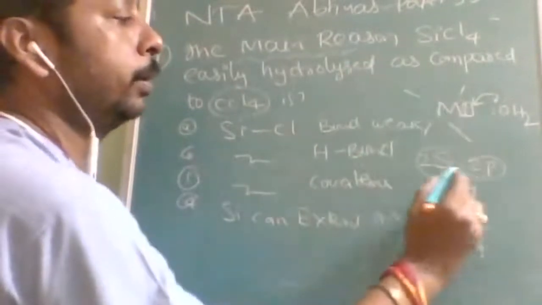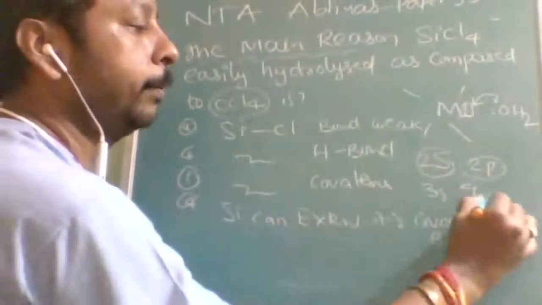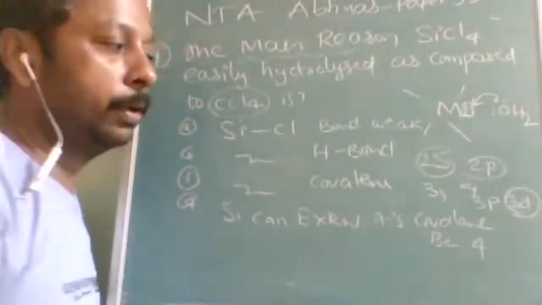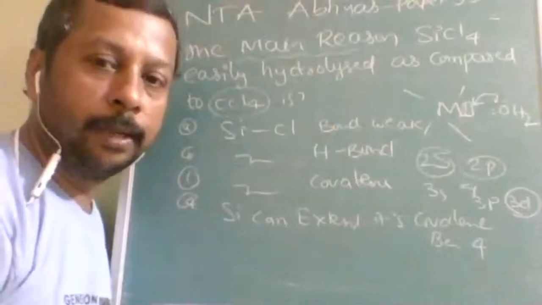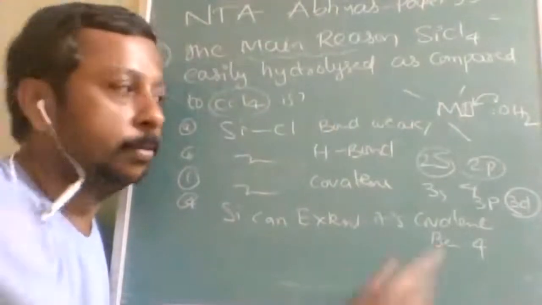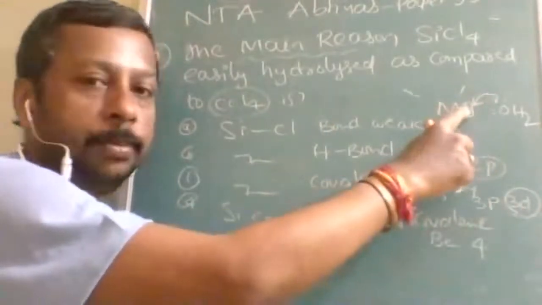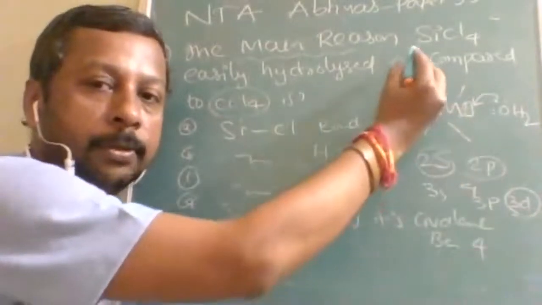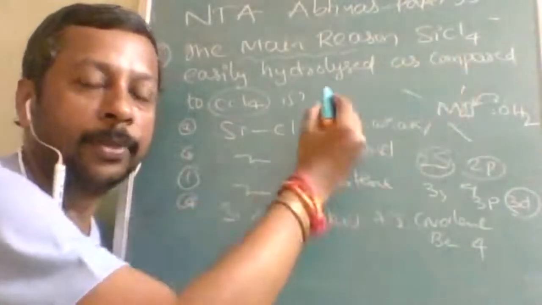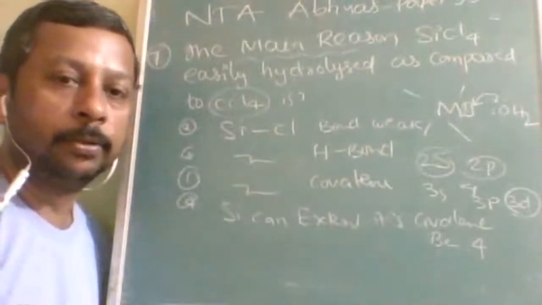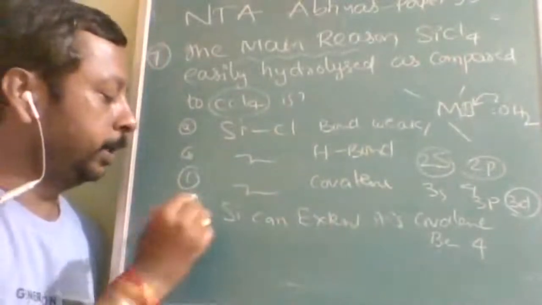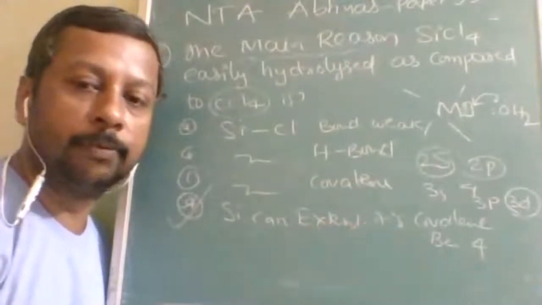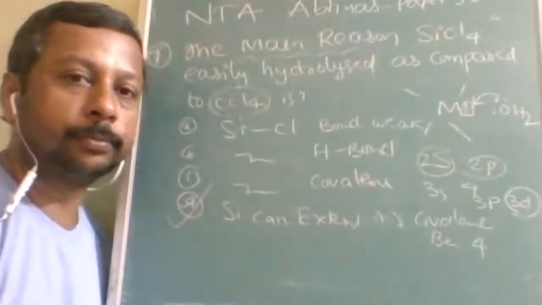But silicon has 3s and 3p, so when accepting the lone pair, it can use its 3d orbital. Its covalency will become 5. So that capacity is there, and therefore silicon tetrachloride is easily hydrolyzed. That meaning is explained in option D: silicon can extend its covalency beyond 4. Is it understood?